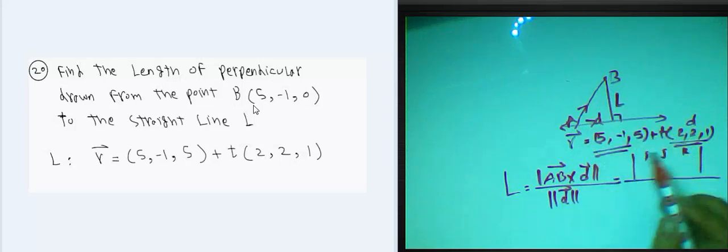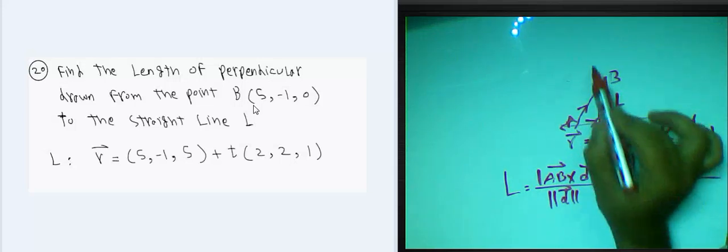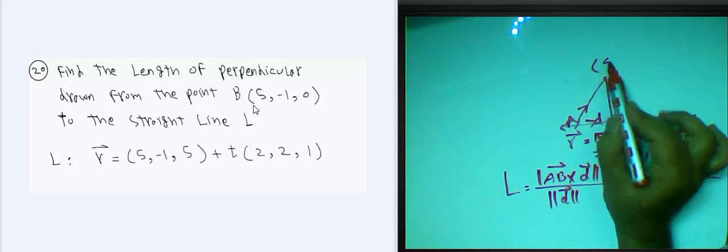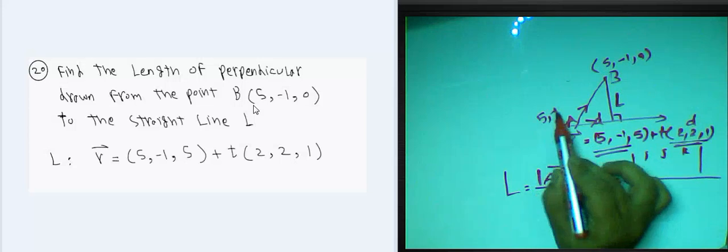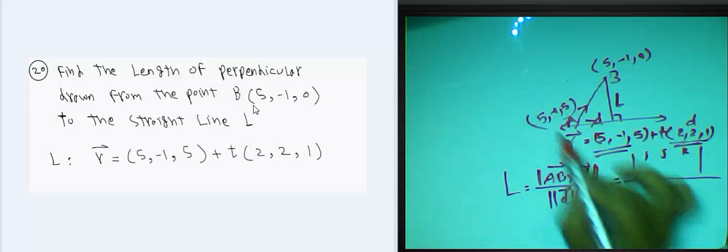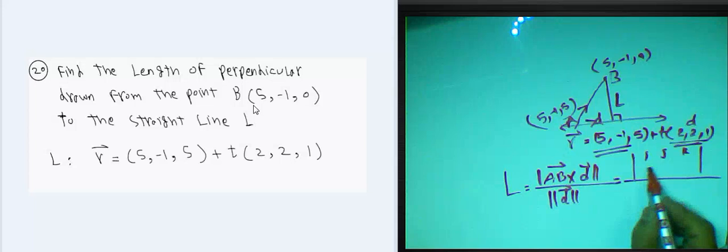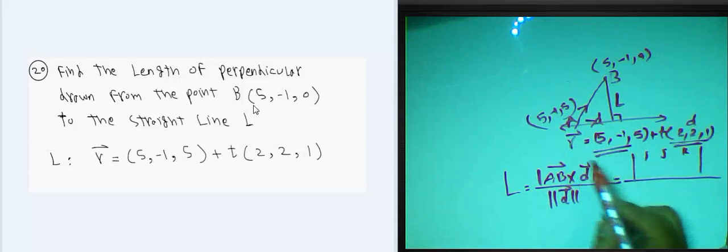AB means B subtract A. We have the point B equal 5 and negative 1 and 0, and point A equal 5 and negative 1 and 5. Okay, we can write AB first.